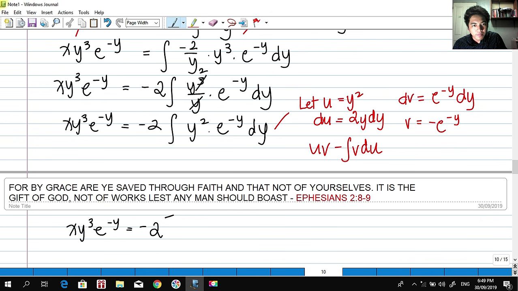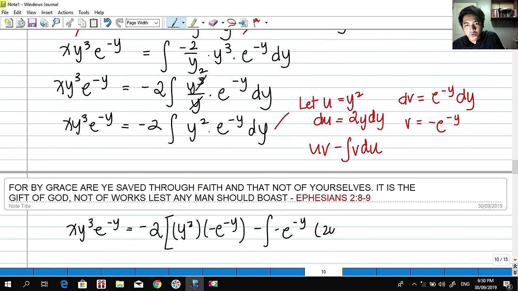So, negative 2 multiplied by uv minus v du. Our u is y squared multiplied by v, negative e raised to negative y, minus the integral of v, negative e raised to negative y, du. Our du is 2y dy. Okay?